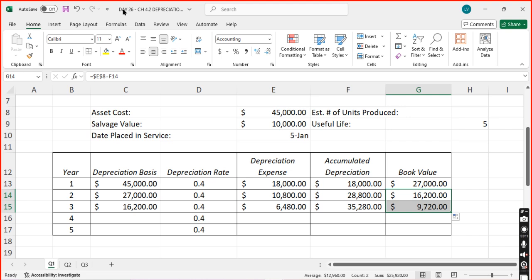So again, what was my original salvage value?